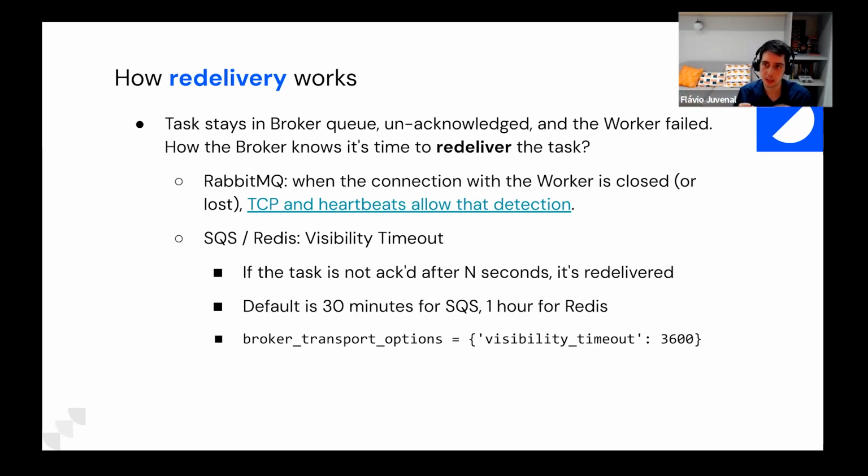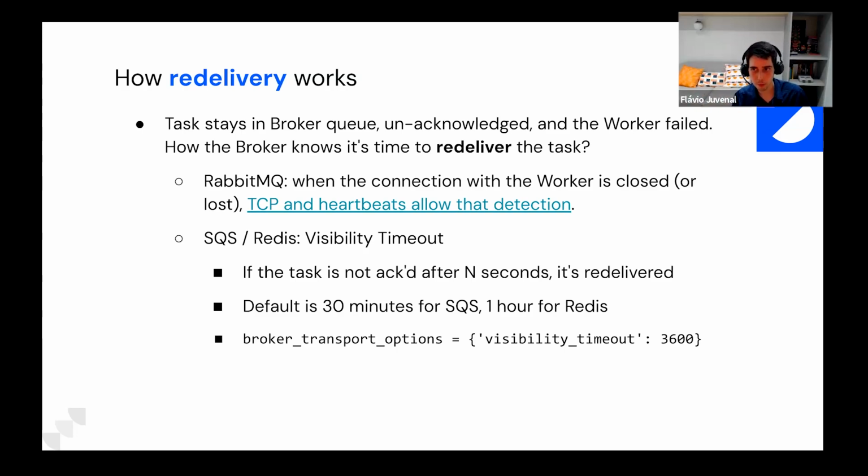On SQS, like AWS SQS, or Redis, the other two most common brokers for Celery, you have a concept called visibility timeout, which is not as great as RabbitMQ and is the source of many Celery issues. Many people get really confused about that and ask on Stack Overflow. What is this? If the task is not acknowledged after a certain number of seconds, it's automatically redelivered. The default is 30 minutes for SQS and 1 hour for Redis.